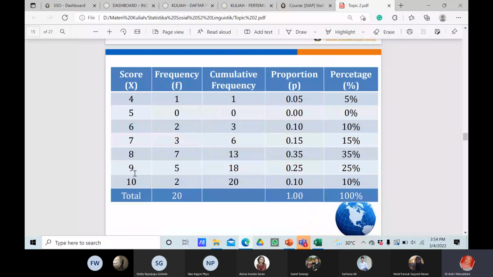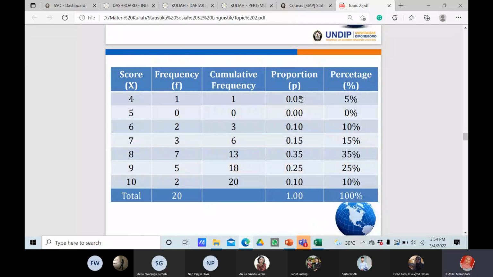Okay, the column of 1, 2, 3 is the same as before. The proportion is calculated by the formula before.